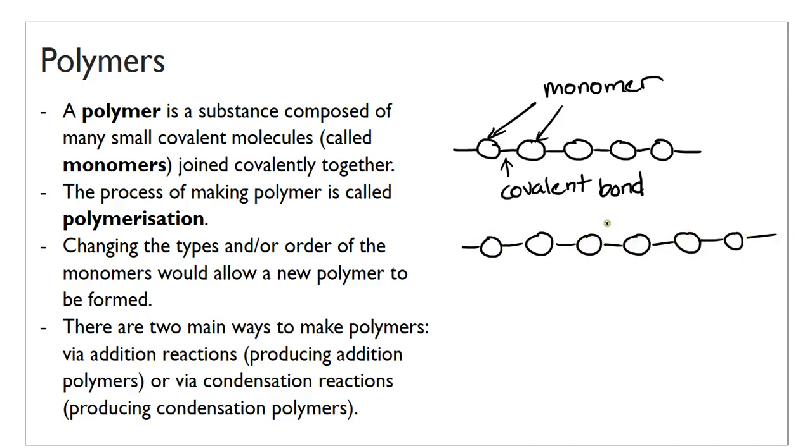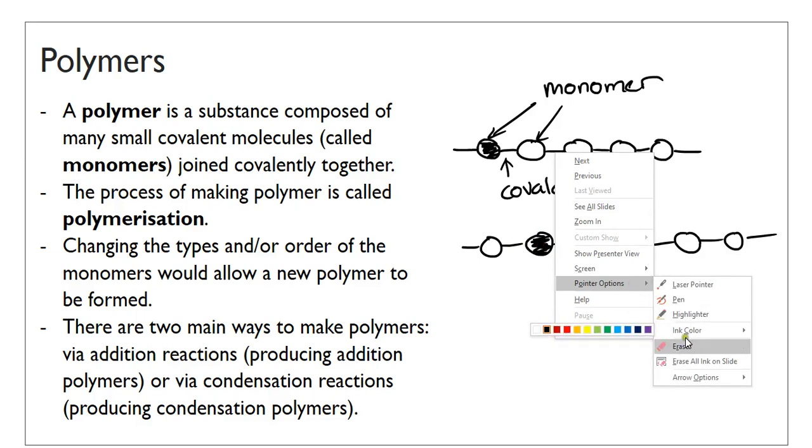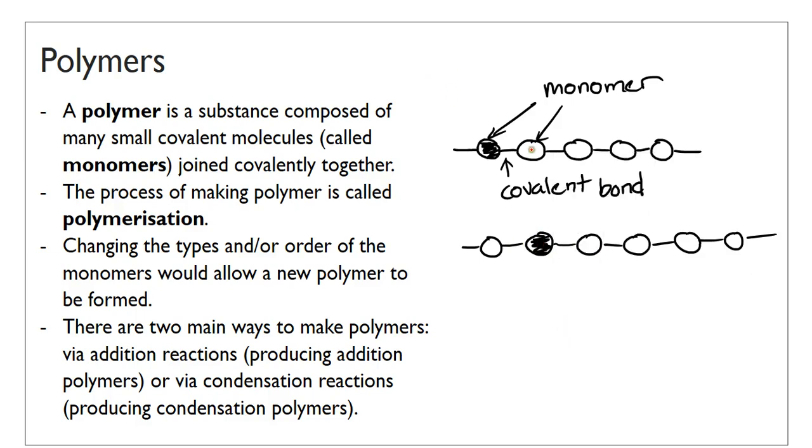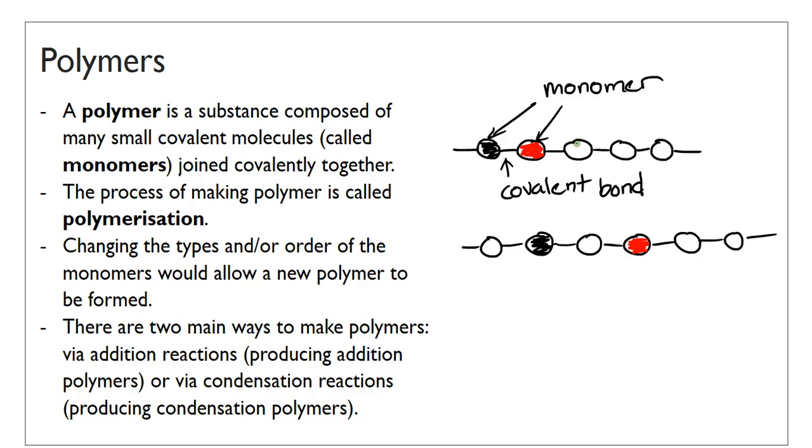If it looks like this, they don't look very different, but I can definitely vary it if I do different colors for different monomers. So let's say this is the first type of monomer, and then you can have perhaps red maybe. If you change the type or you change the order or both, you change the polymer that is formed. Sometimes the order doesn't make a difference, but we're going to look into that in more detail.